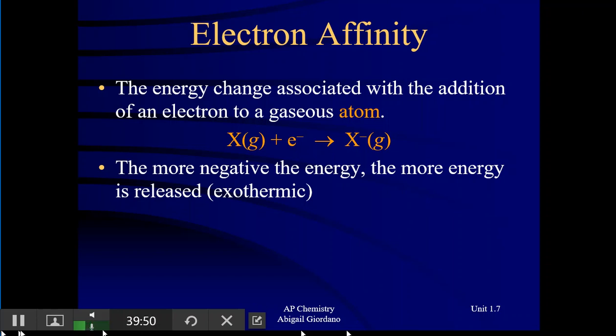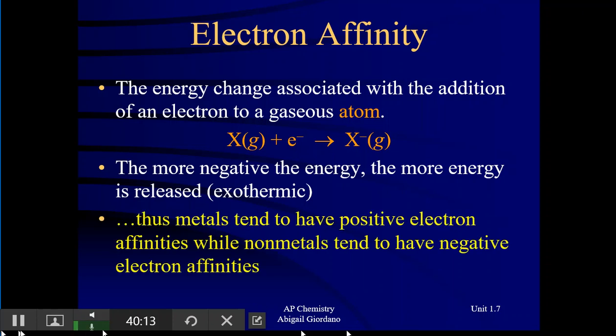Because that would give them then a filled energy level. So guess what? Your halogens have a great electron affinity. The word affinity means you like something, right? The halogens, and in general, guys, your nonmetals, tend to have very negative electron affinities.